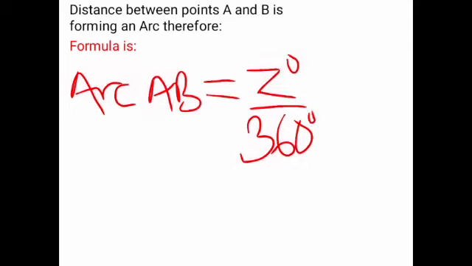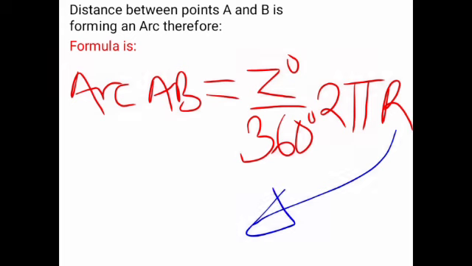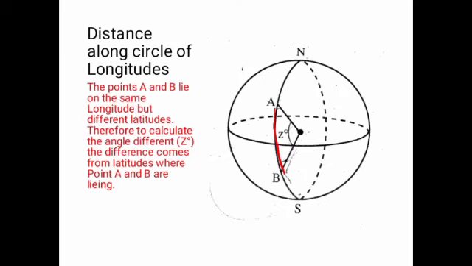That should be multiplied by 2, multiplied by pi, and multiplied by the radius of the earth. You can see that my radius is capital R. This is very important that we are using capital R because the circle that we are dealing with is a greater circle. All the circles formed by lines of longitudes are considered as greater circles.